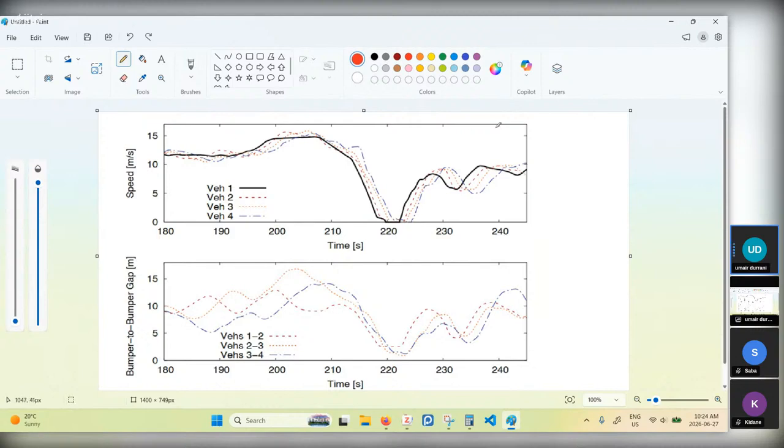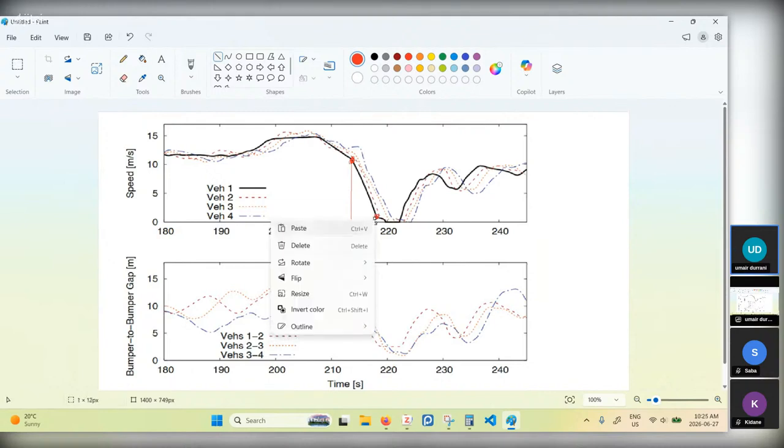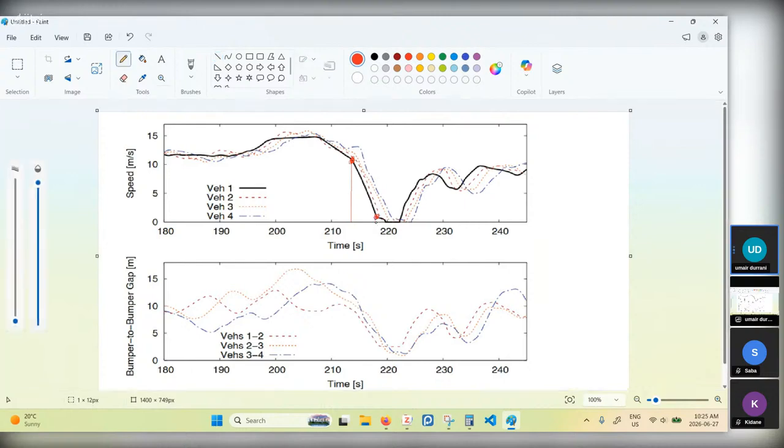So if we, for example, take this as one point and another point here, and then take the slope of these 2 points, let's try doing that. So here we have this time, and then again, we have this time. So we need to find these times.